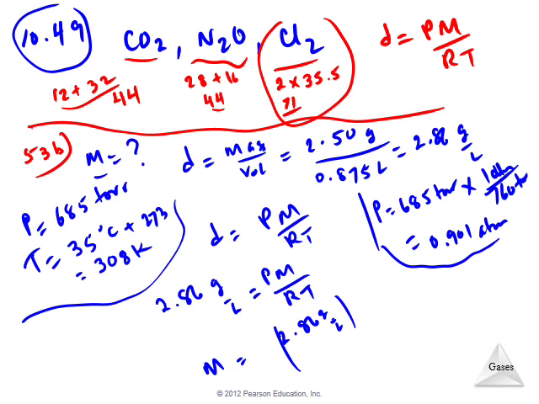R would be 0.0821 liter atmosphere per Kelvin per mole, and temperature is given, which is 308 Kelvin, and then it would be divided by pressure. And pressure is given by 0.901 atmosphere.